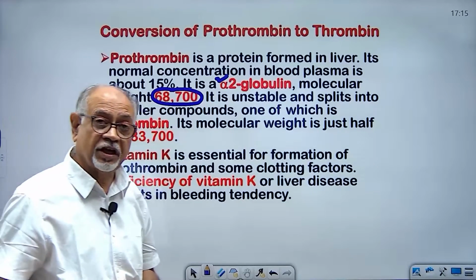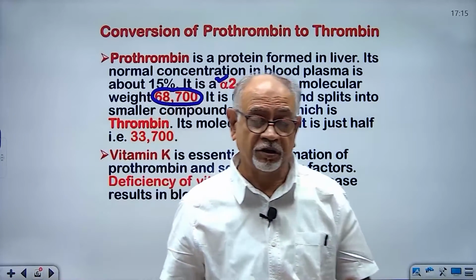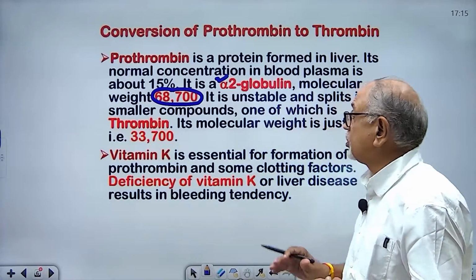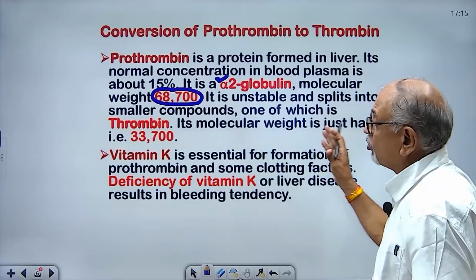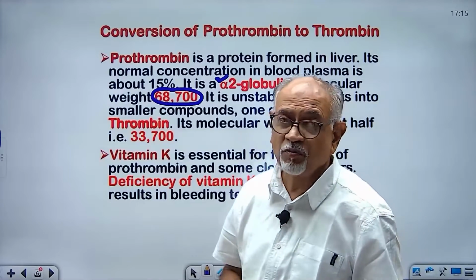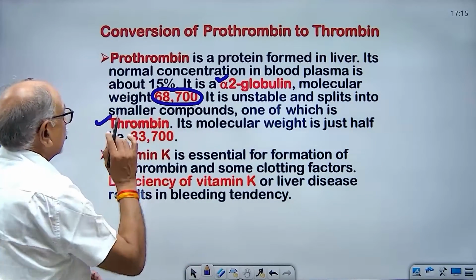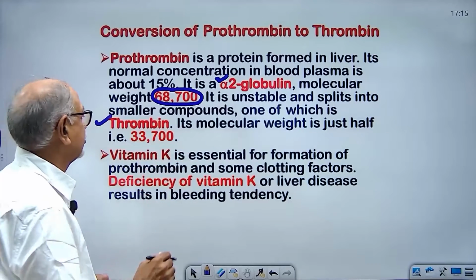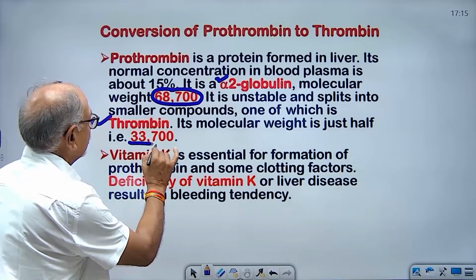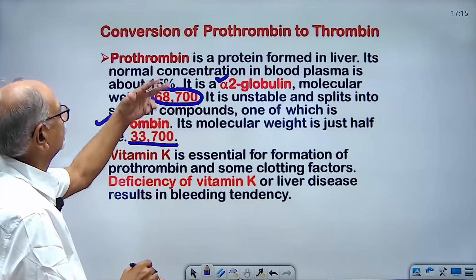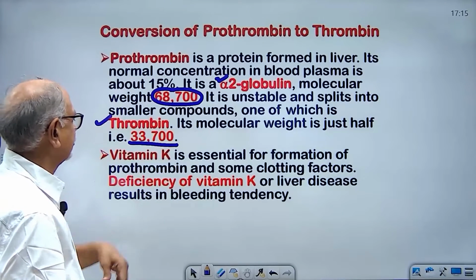It is an unstable protein which can be broken into monomers called thrombin monomers. The molecular weight of thrombin is less than half of the prothrombin, that is 33,700.